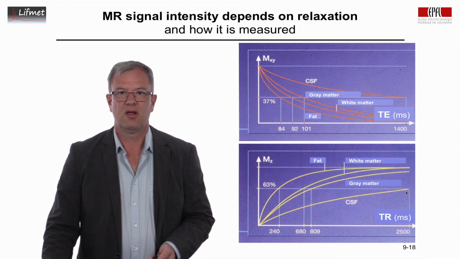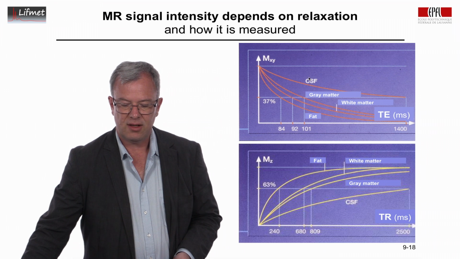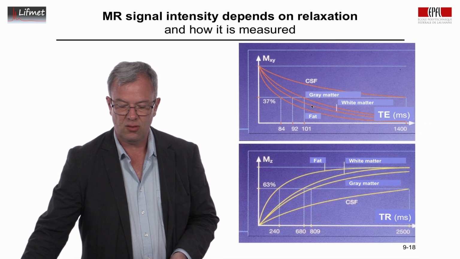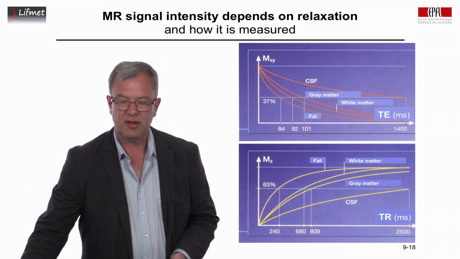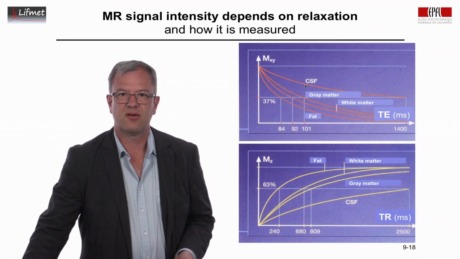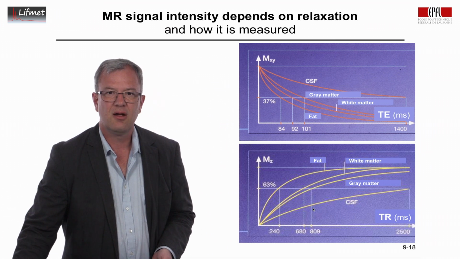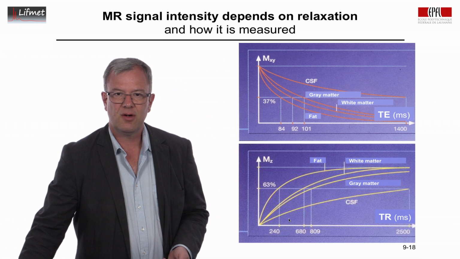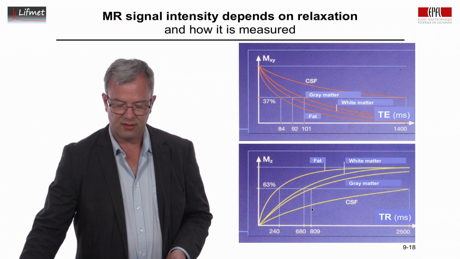So what we see here is now typically we would do a T2 weighted image. If we want to see changes in T2, we would wait a certain time after the excitation pulse and detect the signal. Now CSF will be the brightest because it has the longest T2. It has very little protein in it, so it has a long T2. Conversely, CSF has a long T1, but here we're waiting a shorter time than full relaxation.